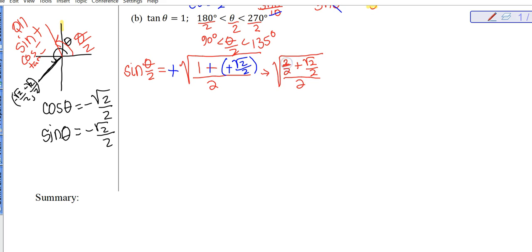It's a lot of 2's. So are you ready to keep, change, flip, or do you want to combine your numerator into one fraction? Let's do it. Okay, I like the suggestion. So this would be 2 plus the square root of 2 over 2. That's your numerator. All over 2.